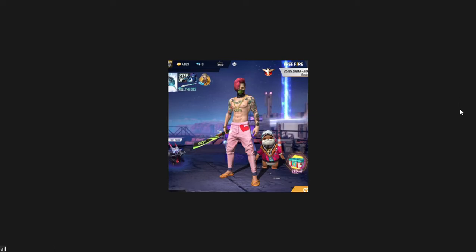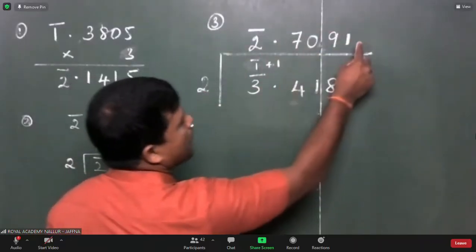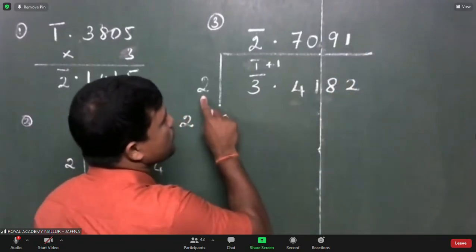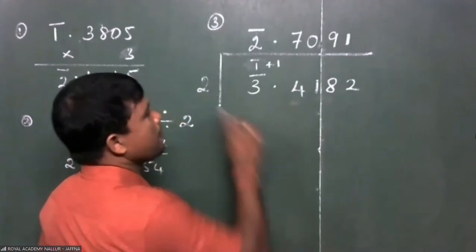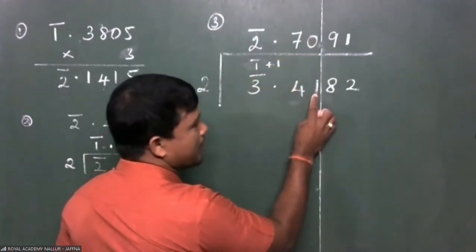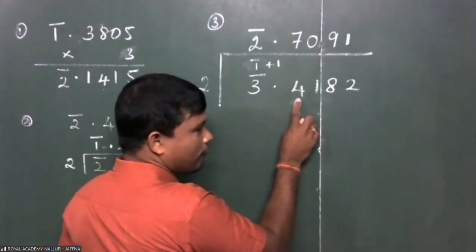Let's check again with the inverse operation, multiplication. 2 into 1, 2. 2 into 9, 18, 1 remaining. 2 into 0, 0, therefore that remaining. 2 into 7, 14, 4 here, 1 remains.